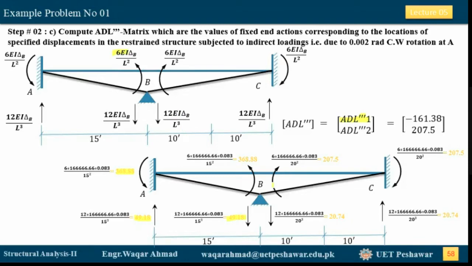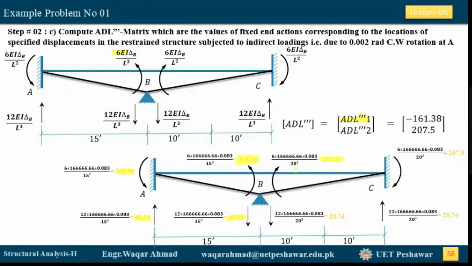Now, if you look at this structure, we have this 368.88 and this 207.5. Both these values correspond to D1, but our D1 is clockwise, and this value is anti-clockwise. So we will take this 368.88 as negative, and this 207.5 as positive.